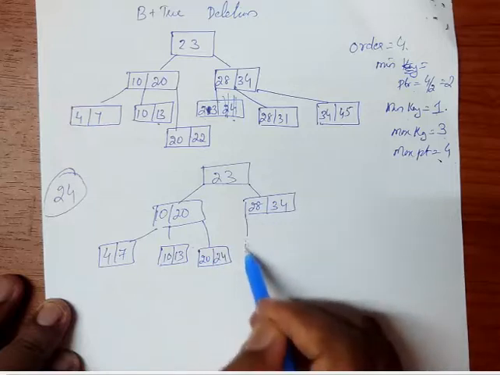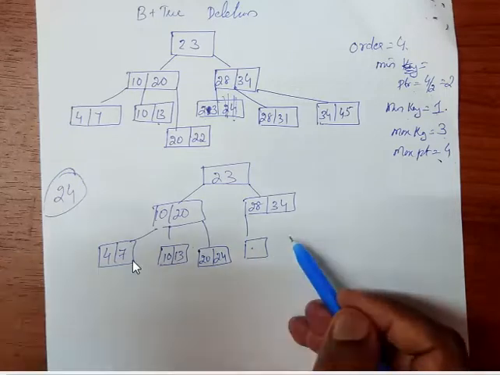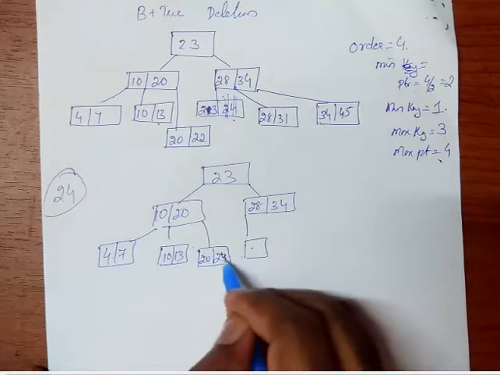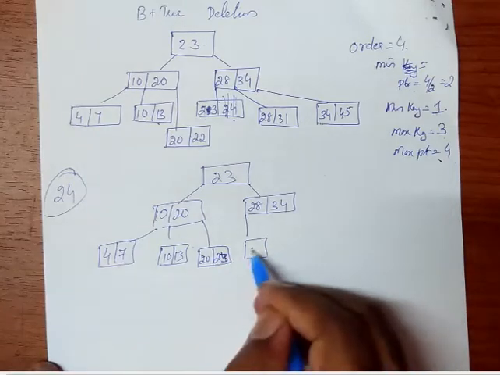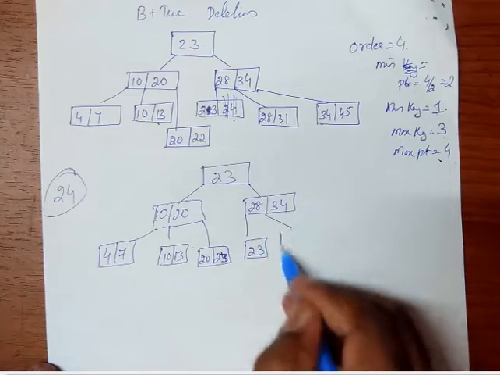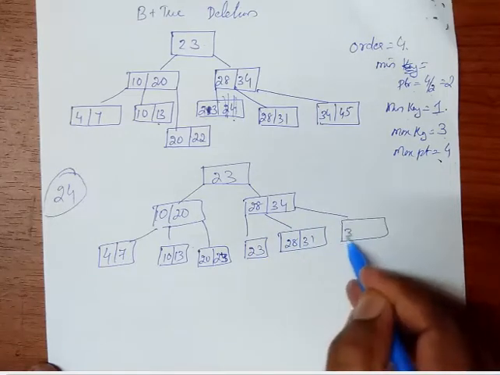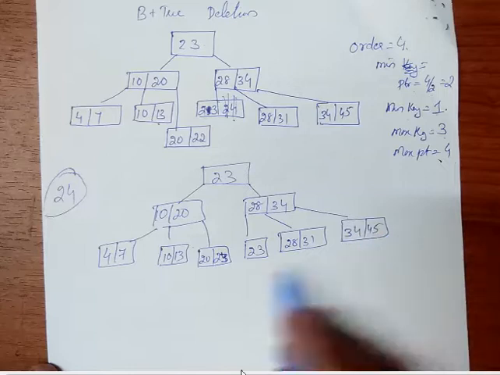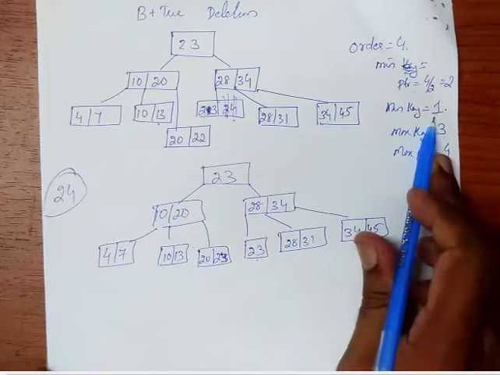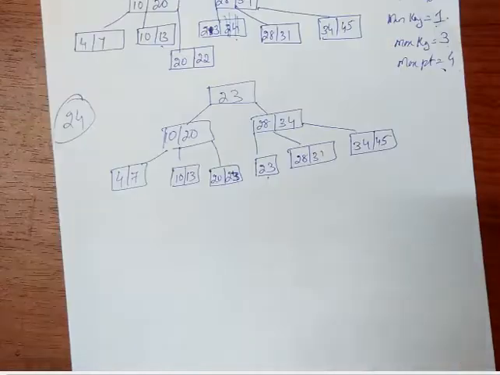And in this node we have only a single element, 23, and the minimum constraint, we know, is just one key element, so it is not violating any rule. Then 28, 31, 34, 45. So 23 is placed there. Minimum key value is equal to 1, so it won't violate any constraint.